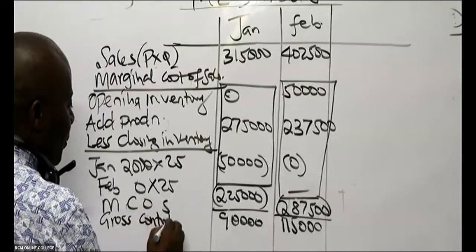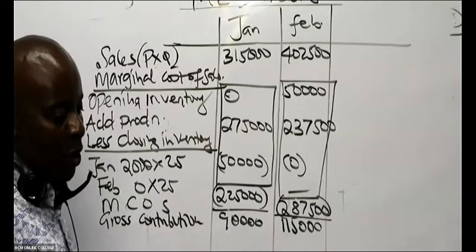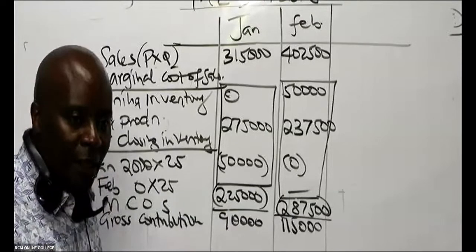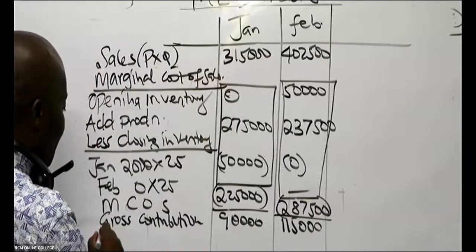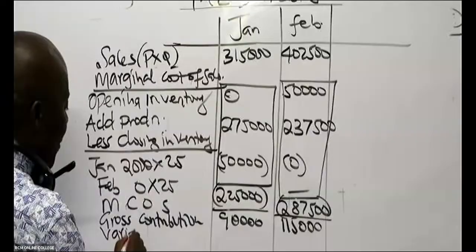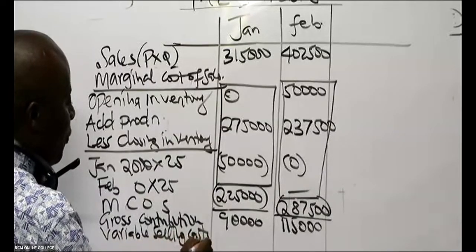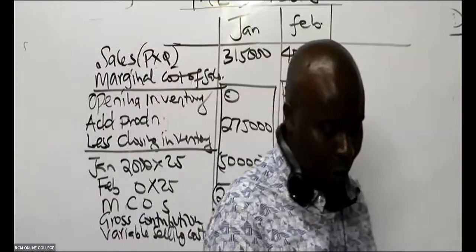Once you get this gross contribution, now you look for the variable selling costs to get the net contribution. Are you able to see the variable selling cost, my good students?